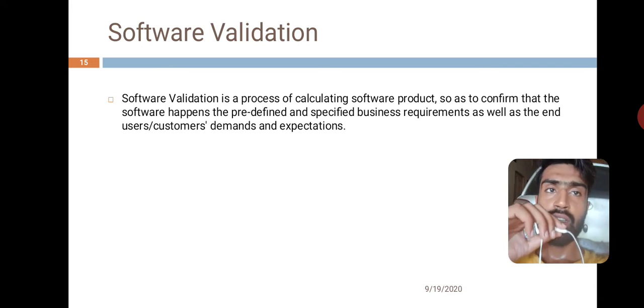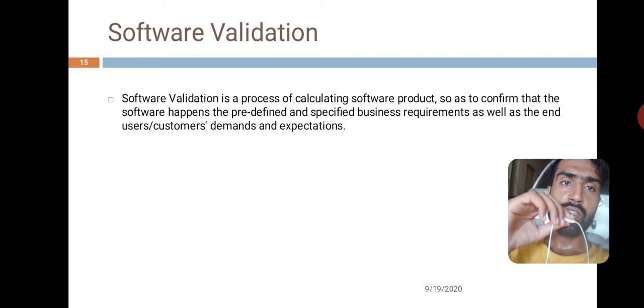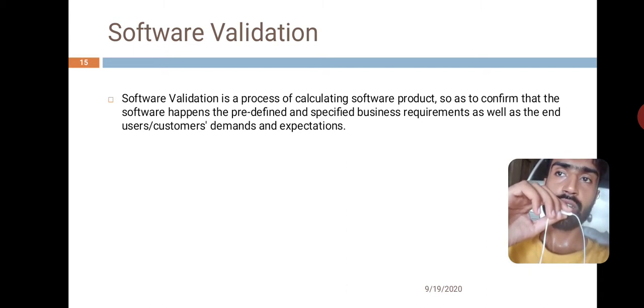Software validation. Software validation is a process of evaluating a software product so as to confirm that the software meets the predefined, specified business requirements as well as the end user or customer demands and expectations.